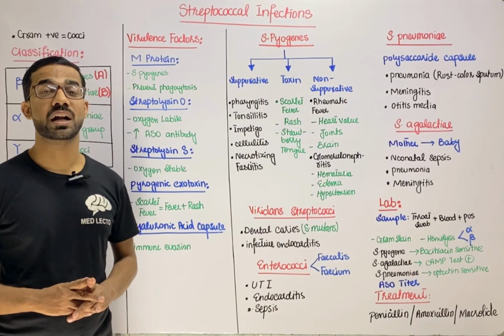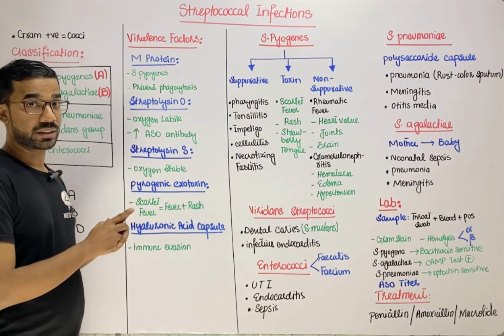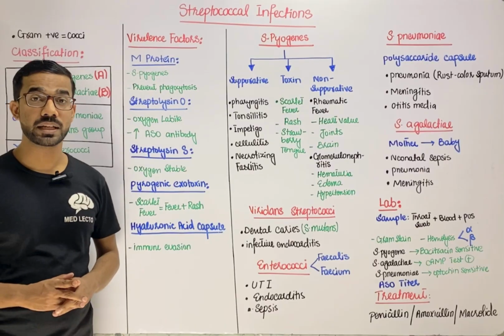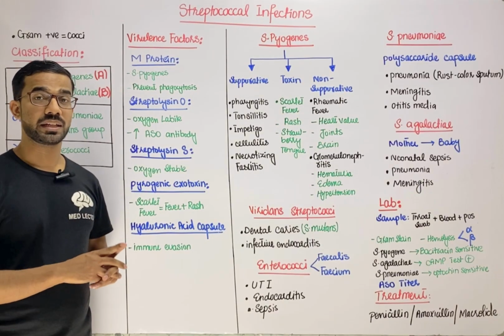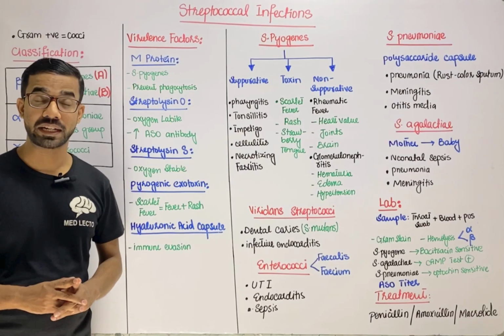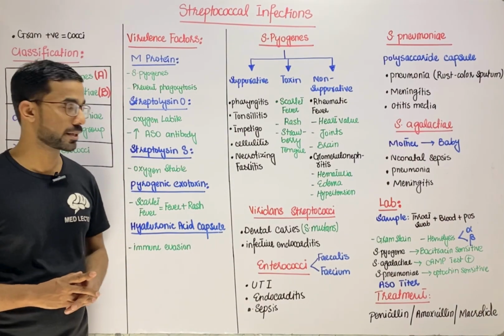These antibodies are the ASO. So this is the important thing. ASO antibodies cause two most important diseases that we will see in the next session: glomerulonephritis and rheumatic fever.